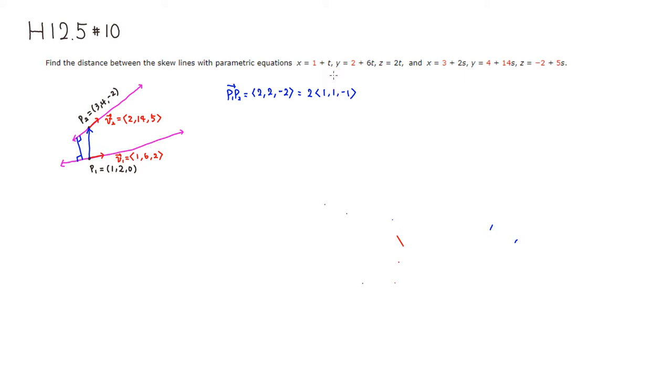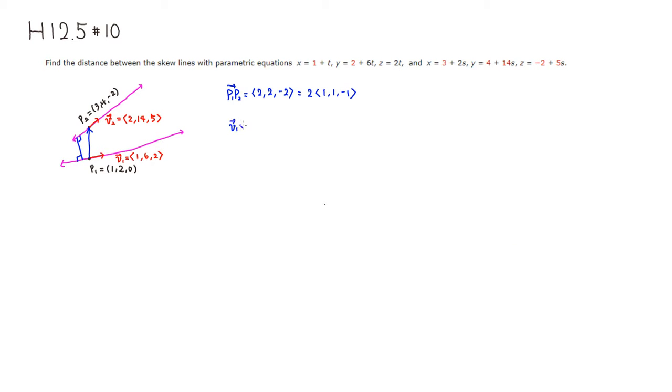So the distance here is perpendicular to both V1 and V2, and the easiest way to find that direction would be a cross product. You can take the cross product between V1 and V2.